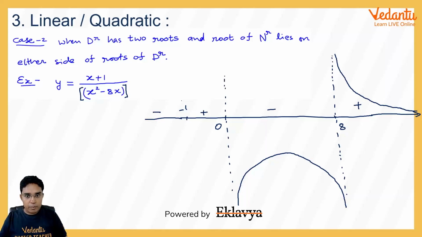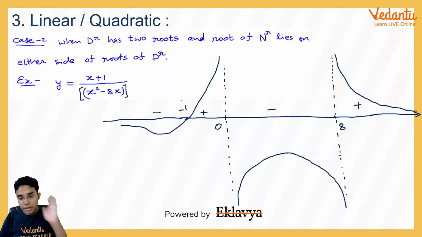So here it will be coming from plus infinity, and it will become 0 at minus 1, because at x equal to minus 1 the numerator becomes 0. So it will go down, but because it has to approach 0, since the denominator is quadratic and the numerator is linear, as x approaches minus infinity this graph has to go towards 0.